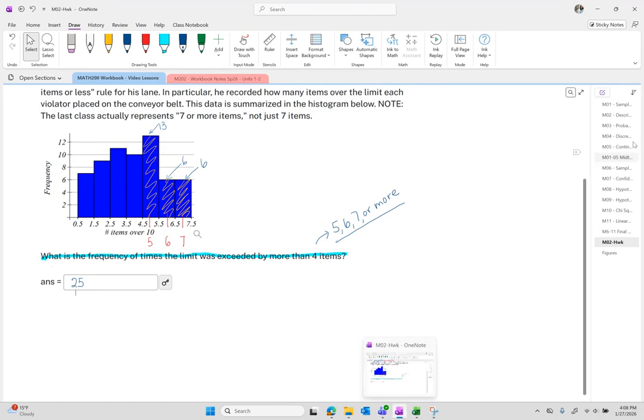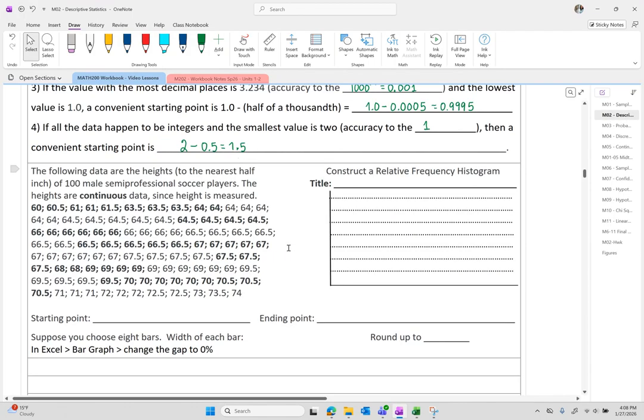Now let's go back to our notes to try to do a histogram by hand, and then we will do it in Excel and see how it works in Excel. So the following data are the heights to the nearest half inch of 100 male semi-professional soccer players.